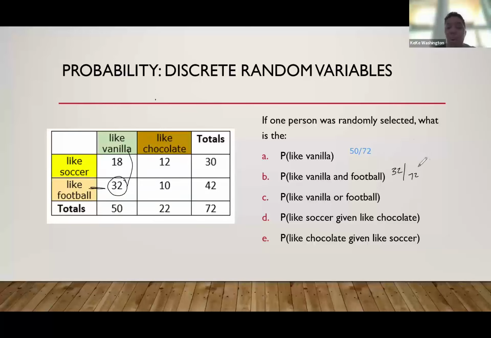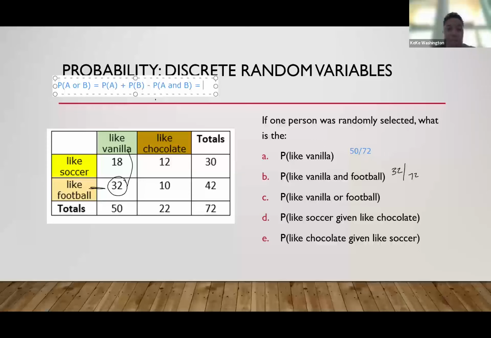Now, vanilla or football. Okay, so this is where you want to look at your formula sheet. So the probability of A or B would be, you add the 2 probabilities and you subtract out the probability of A and B. So in this case, let A be vanilla and B be football.